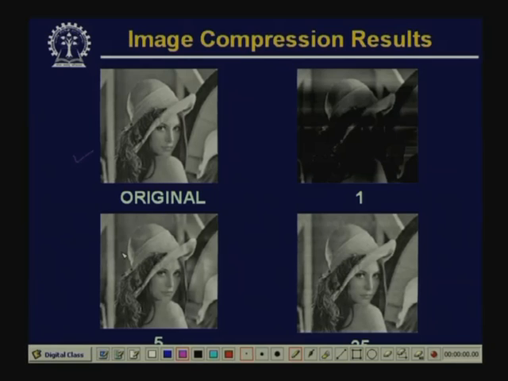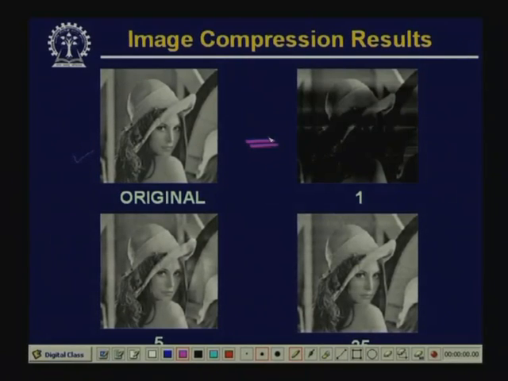When this original image is transformed and reconstructed using the transformation matrix with only one eigenvector, the one which corresponds to the largest eigenvalue of the covariance matrix, the reconstructed image is given by this result. You find that the reconstructed image is not at all good, but still from it we can make out what this image is about.